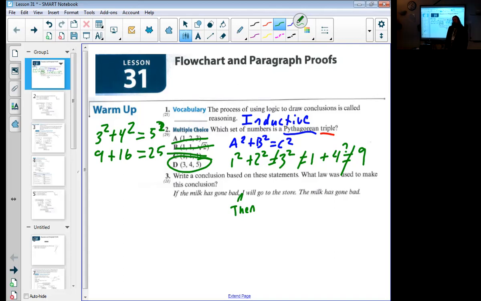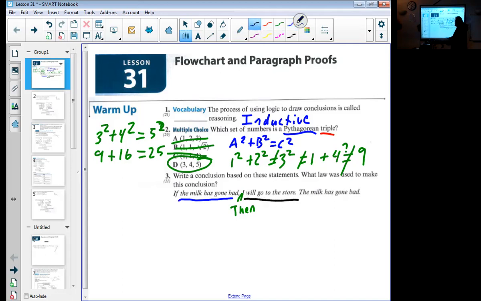The law of detachment is if you have a conditional statement and a true statement that is the hypothesis, then you can say that the conclusion is going to happen. So here we have, if the milk has gone bad, I will go to the store. So the hypothesis is the milk has gone bad.